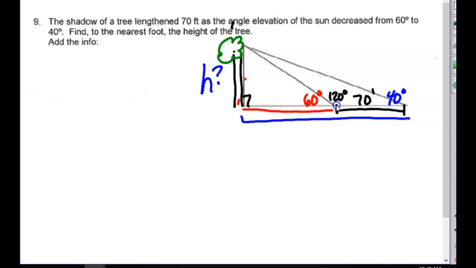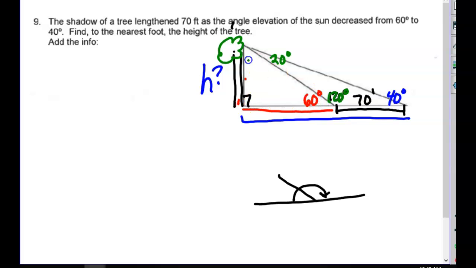Okay, how did he get that? Okay, 180 minus 60 here. Those are called a linear pair or supplementary, or they make like half a circle even, I tell students, when you have two lines doing this. Now once we have this 120 and this 40, that's 160. So that makes a 20 up here.